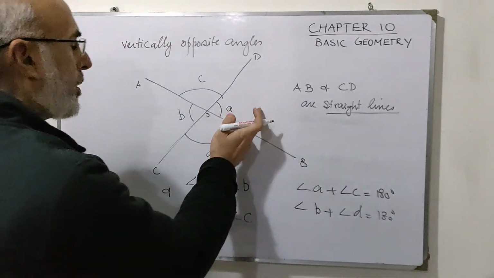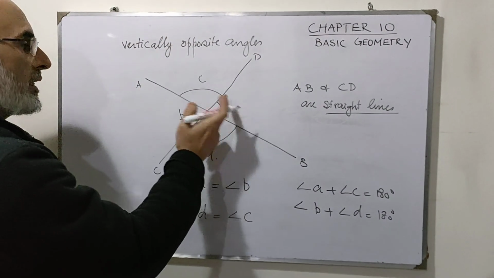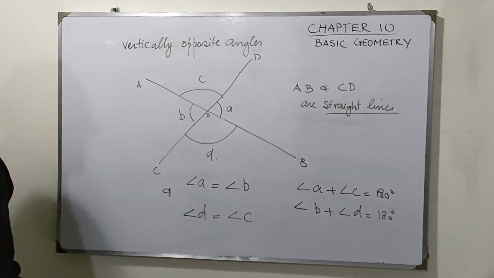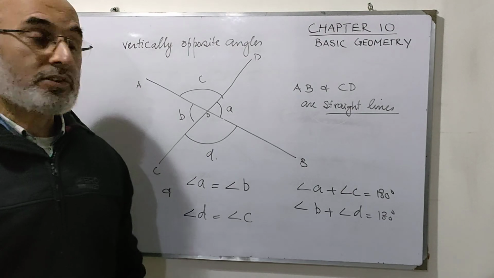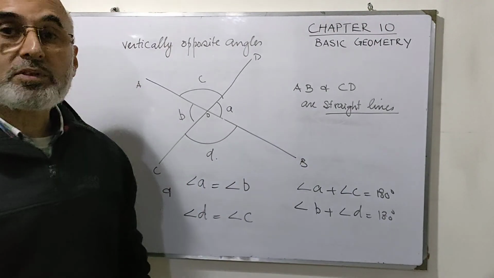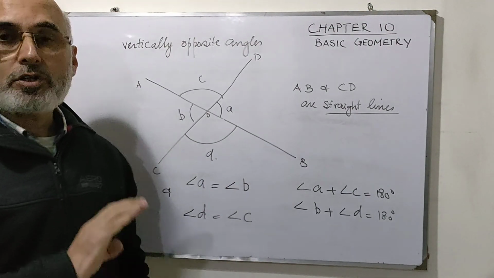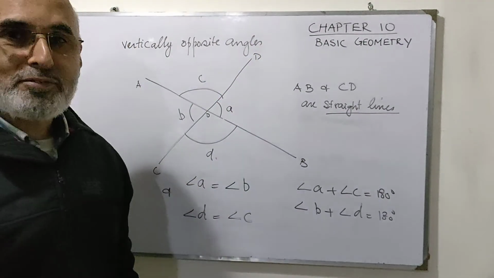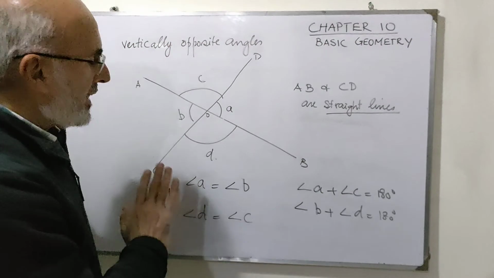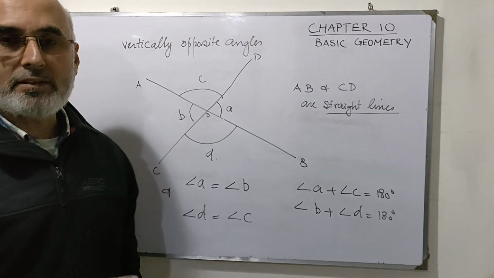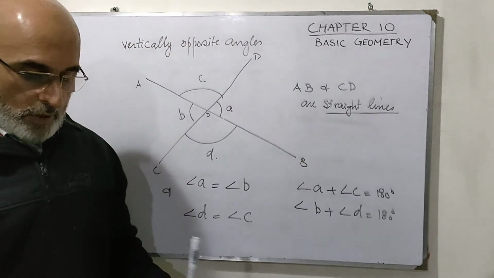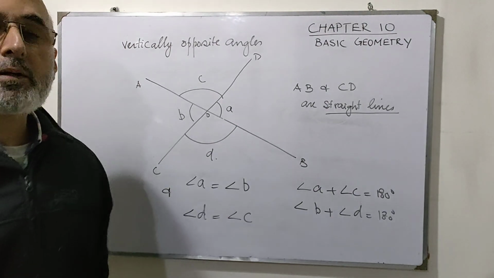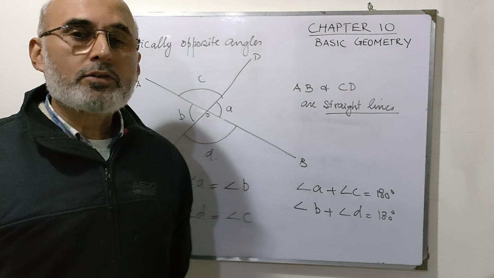But oppositely, angle A is equal to angle B and angle D is equal to angle C. And the must thing is the lines have to be straight, right? Not curved lines. Not like the way I have drawn, but what I mean is they are straight lines, okay? So I hope that you have understood this basic thing about the angles.